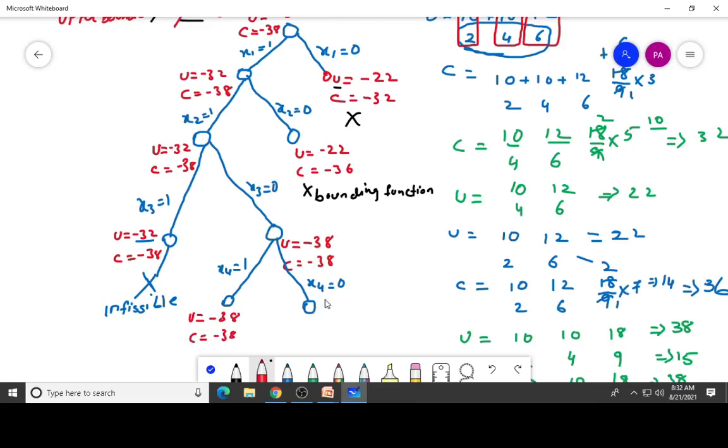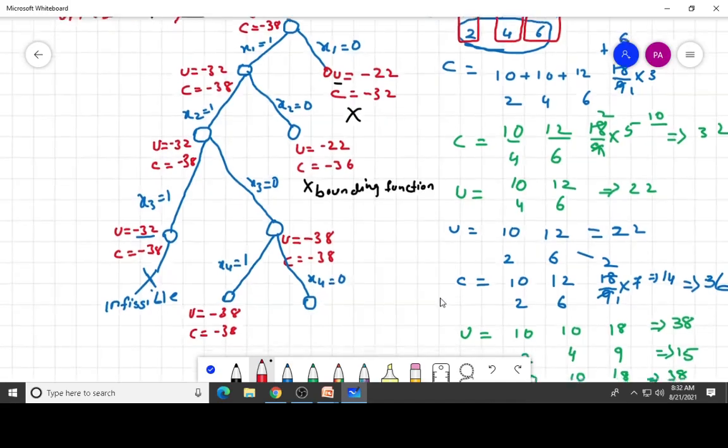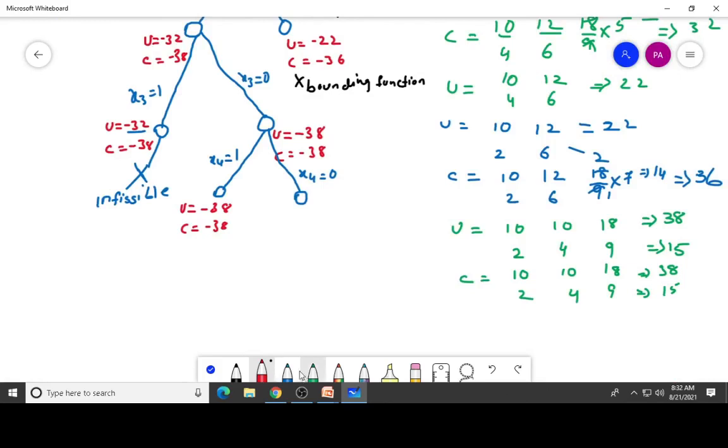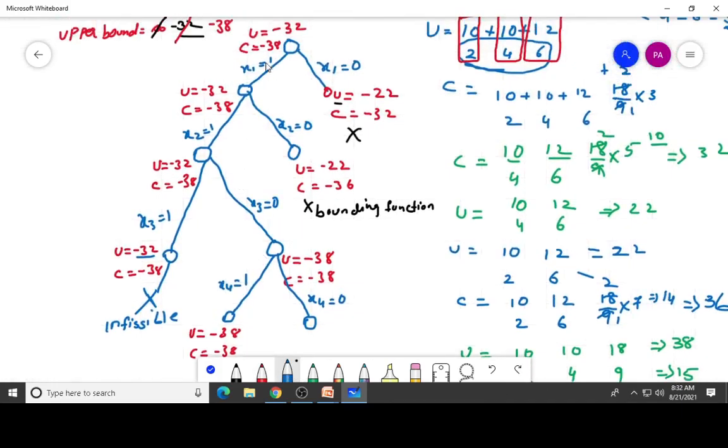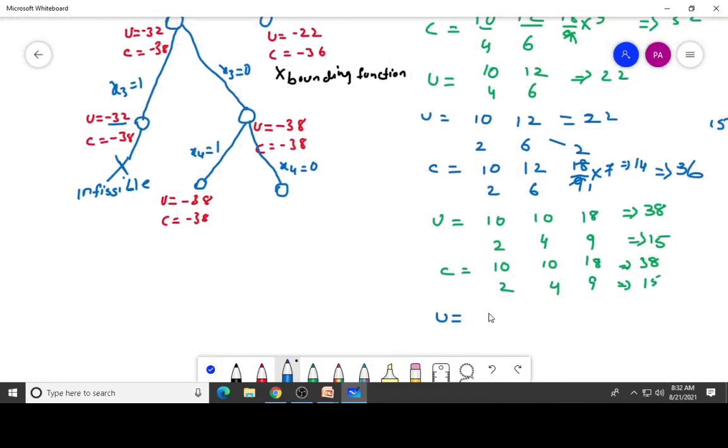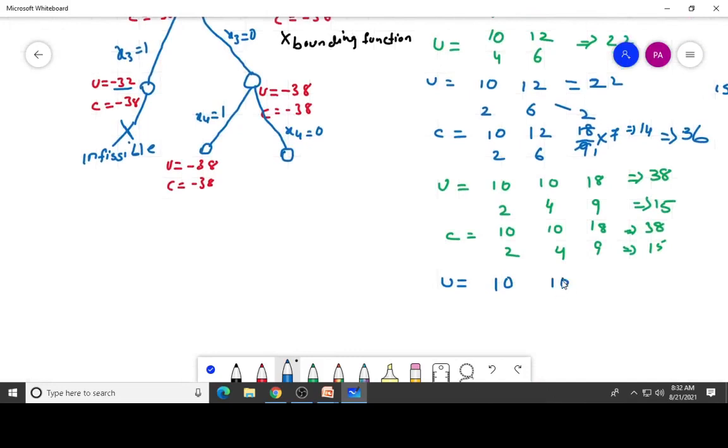But if we don't include the fourth item, what will happen? If we follow the rule, we are adding 1, we are adding 2, we are not adding 3, we are not adding 4. We are just adding the first item and the second item, not the rest.